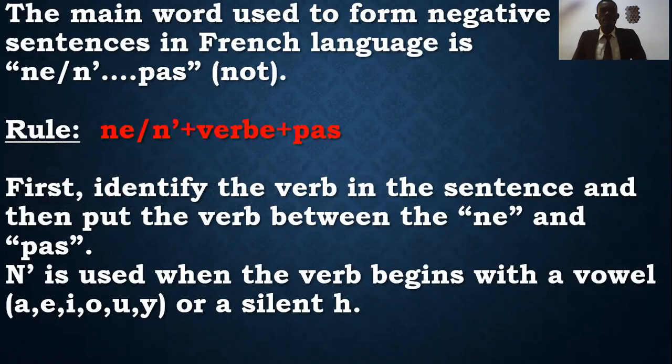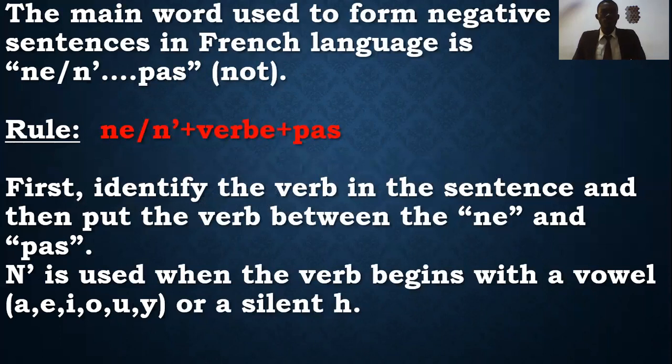Now, the main word that we use for negative sentences in French is ne... pas. You can see ne or n apostrophe. Very good. So the ne is the same as the n apostrophe. We'll see when we use the ne and when to use the n apostrophe.